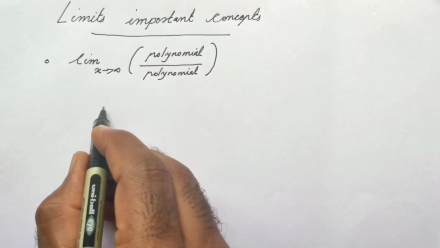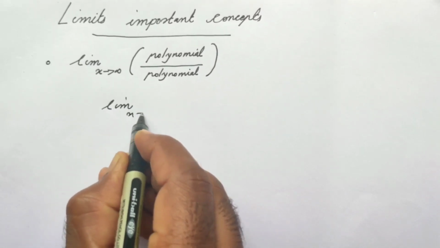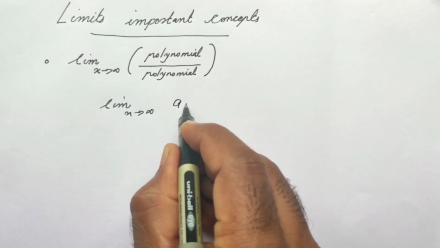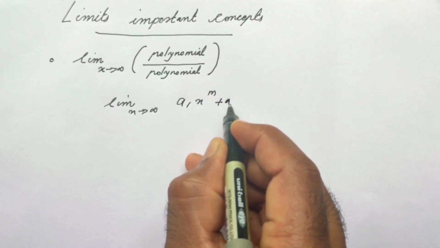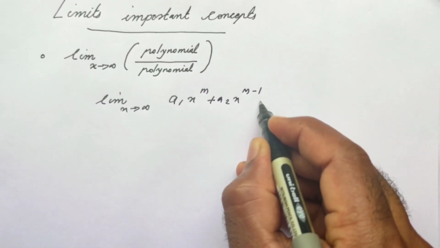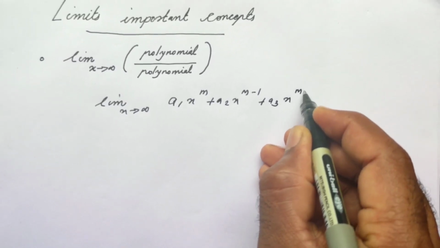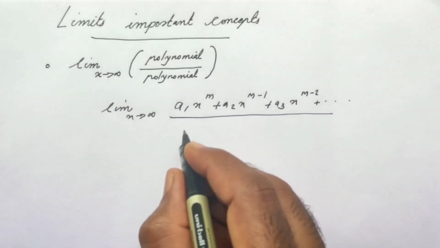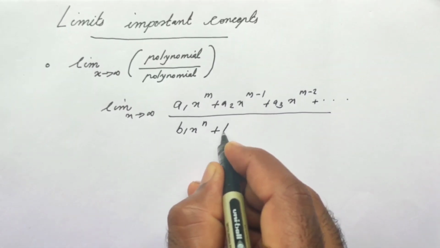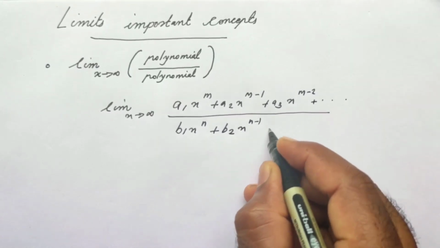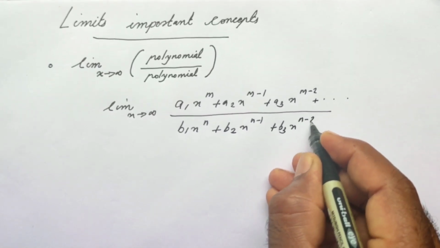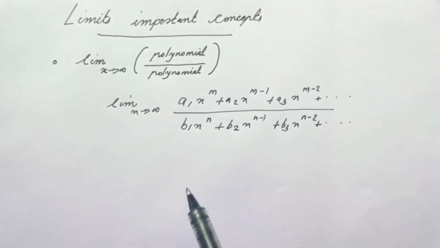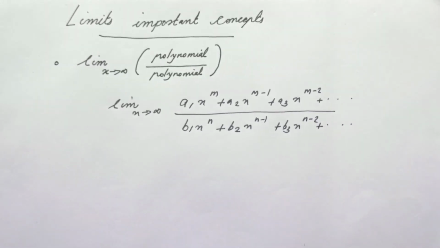That is, the question is in the form limit x tends to infinity, and let's take the numerator polynomial as a1 x raised to m plus a2 x raised to m minus 1 plus a3 x raised to m minus 2, etc. And the denominator polynomial can be taken as b1 x raised to n plus b2 x raised to n minus 1 plus b3 x raised to n minus 2 plus etc. That is, the numerator polynomial is of order m and the denominator polynomial is of order n.